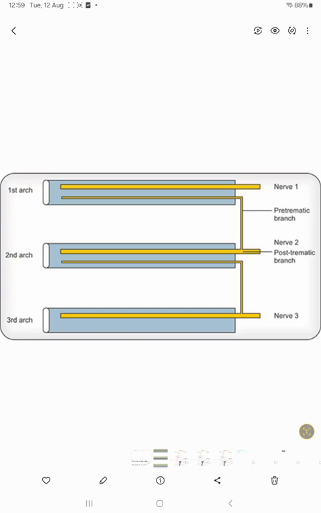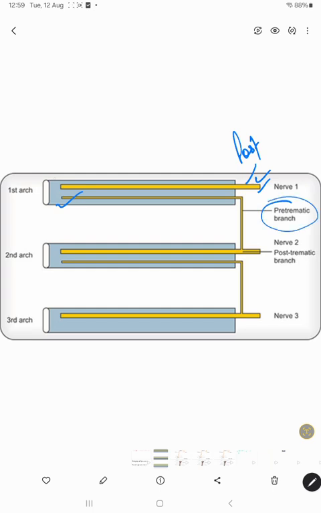So there is a concept of pre-tympanic and post-tympanic. The nerve which is cranially present is post-tympanic. And the nerve which is caudally present is pre-tympanic.